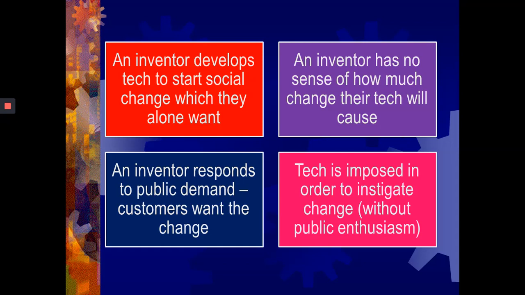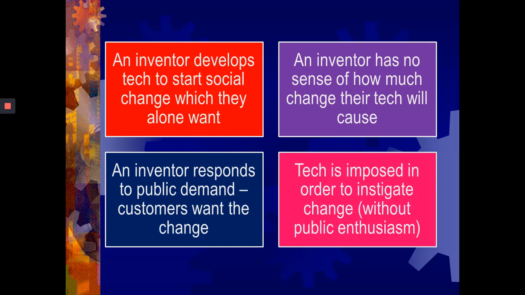Now, the idea of technology driving change can be understood in various different ways, four of which are on the screen here. So imagine some man or woman sitting in their shed or their garage or at a laboratory somewhere, tinkering away and inventing some bit of technology.